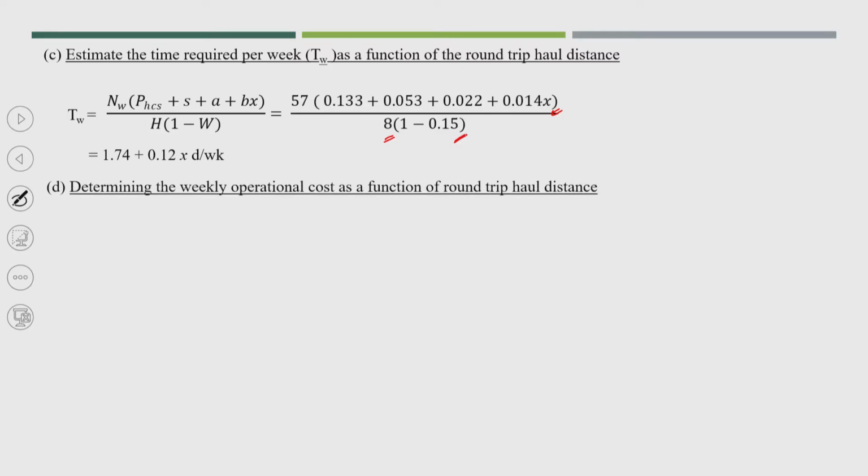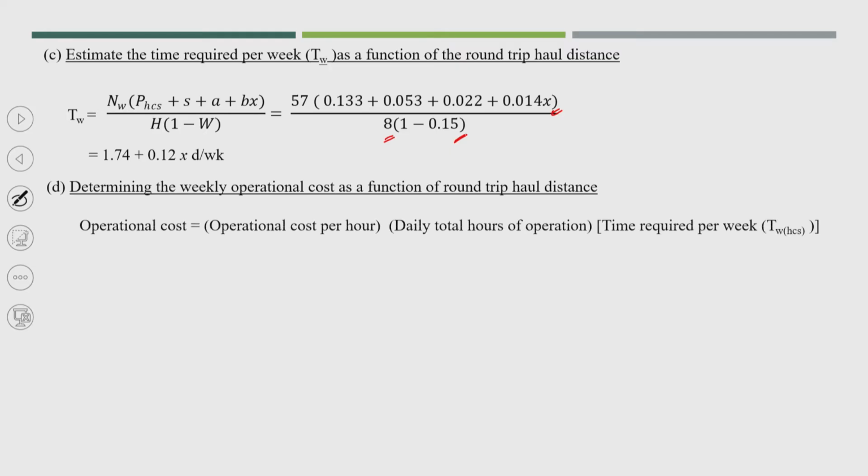Now, we will determine the weekly operation cost as a function of round trip haul distance. We can calculate this operation cost from the operation cost per hour, the daily total operation hours, and the time required per week, that is the TW value. If you multiply these, we can calculate the operation cost.